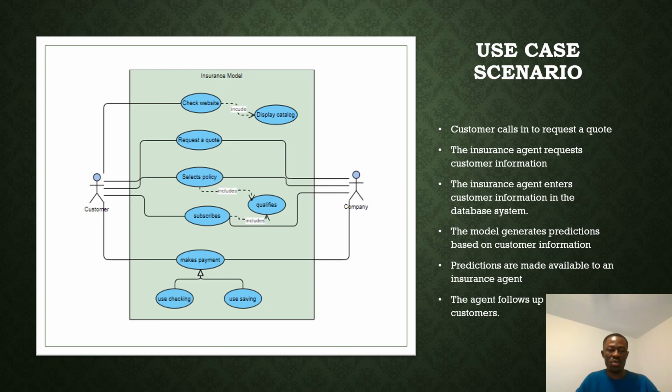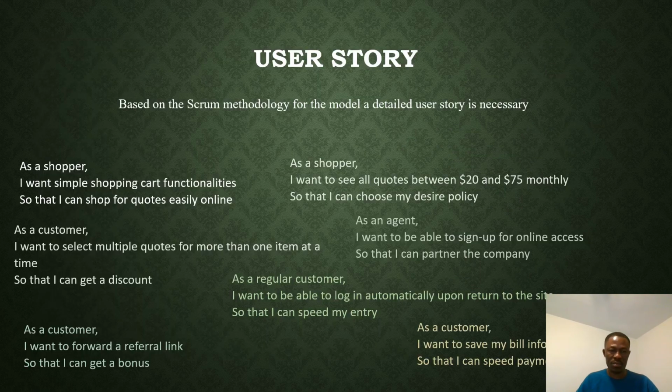The primary actor initiates processes, and the secondary actor reacts to the processes. The customer calls in for a quote, the insurance agent processes the customer information, and finally the policy is sold to the primary actor.